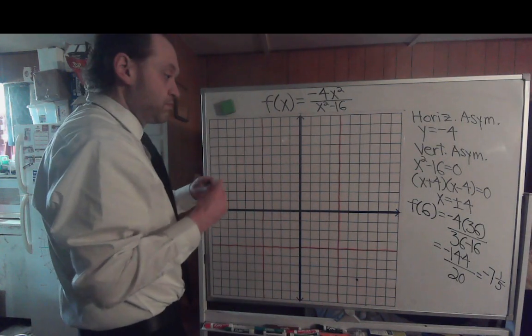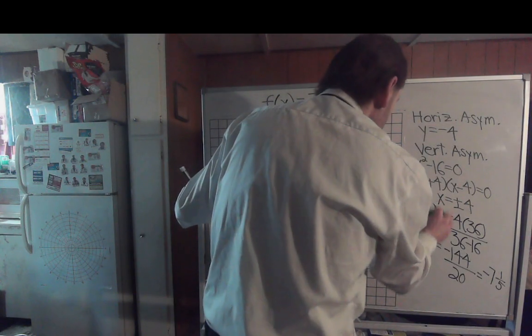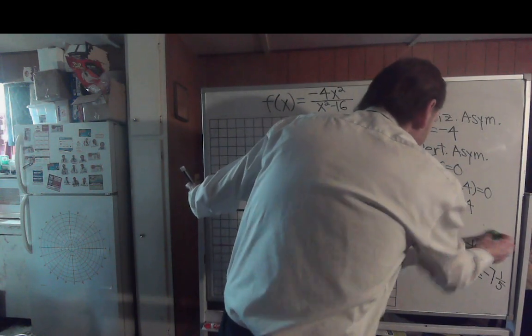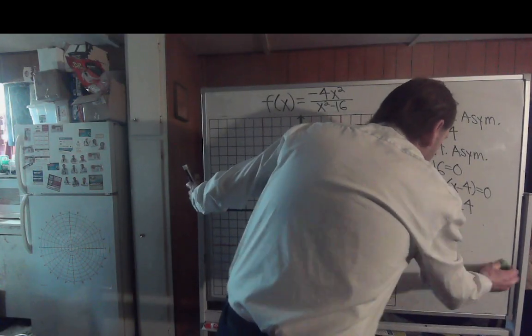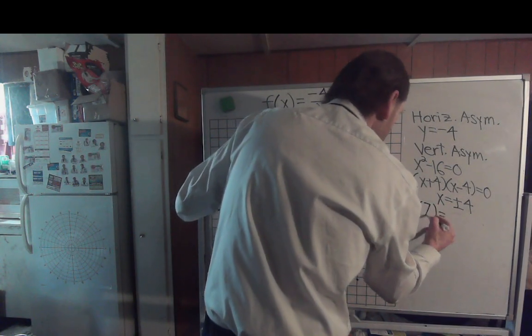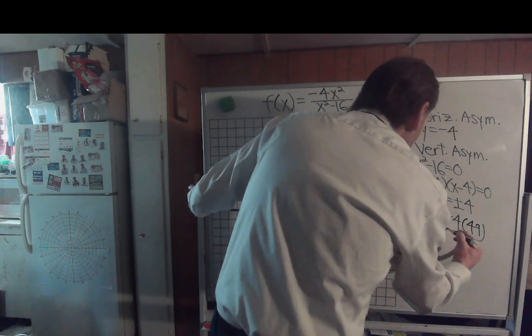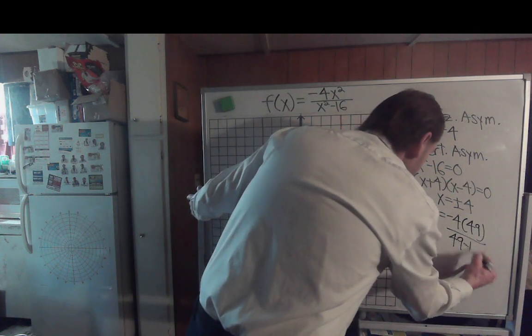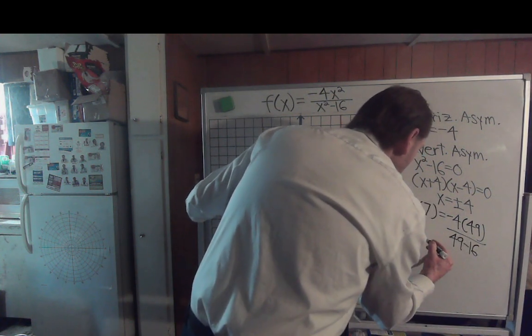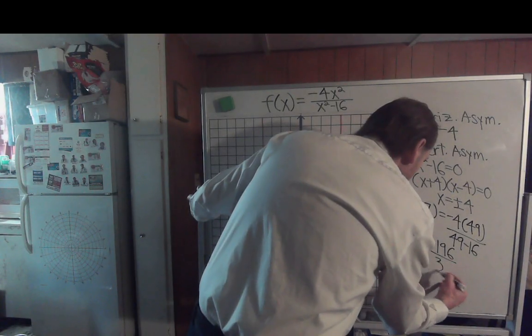And then let's do f of 7. Which would end up giving you negative 4 times 49 all over 49 minus 16, which would end up giving you negative 196 divided by 33.